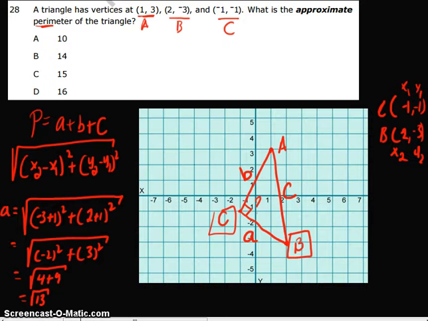Roughly, the square root of 13 is going to be 3.6, so we're going to write this one down: 3.6. This is for a. We got one of the distances.